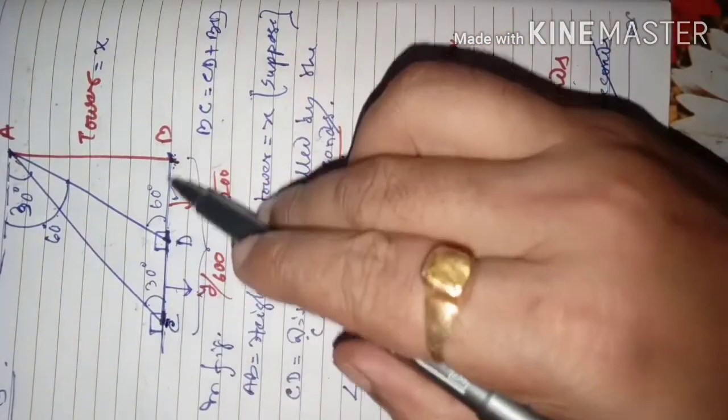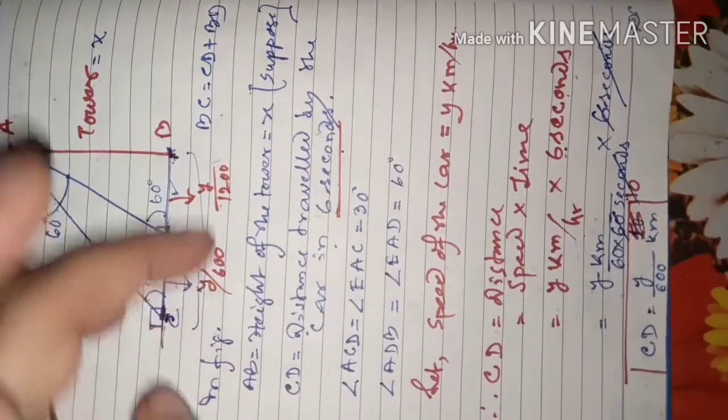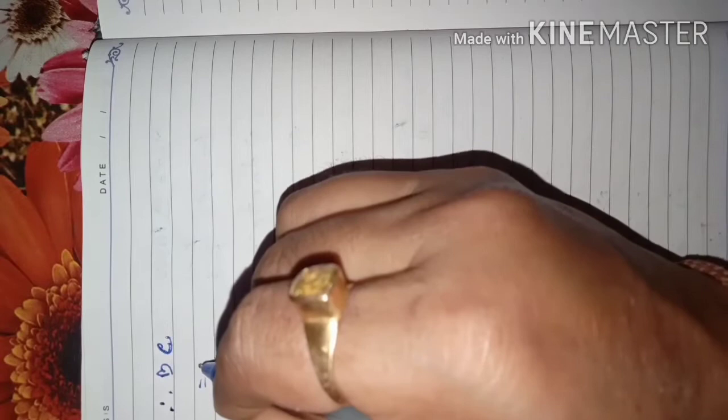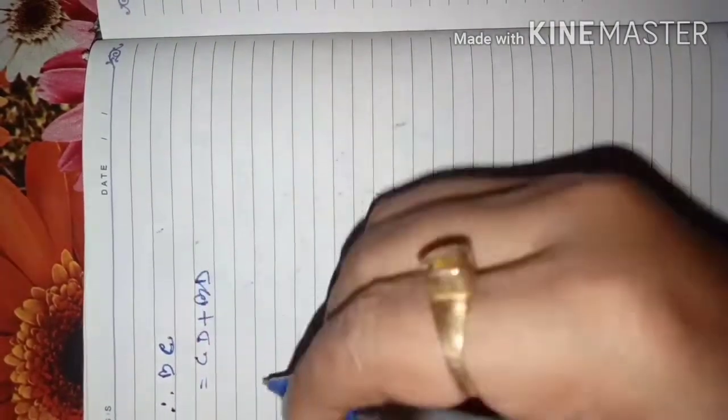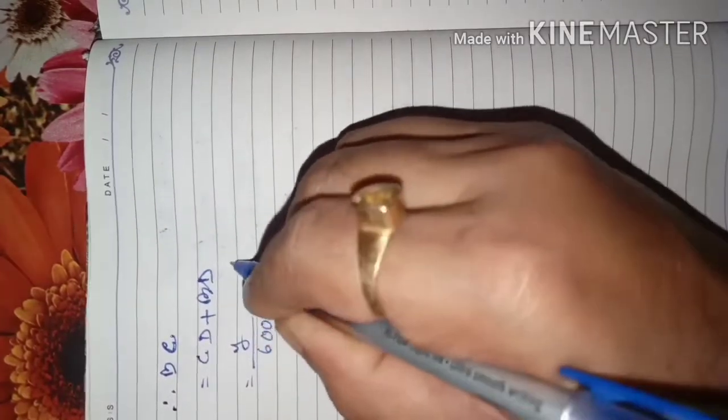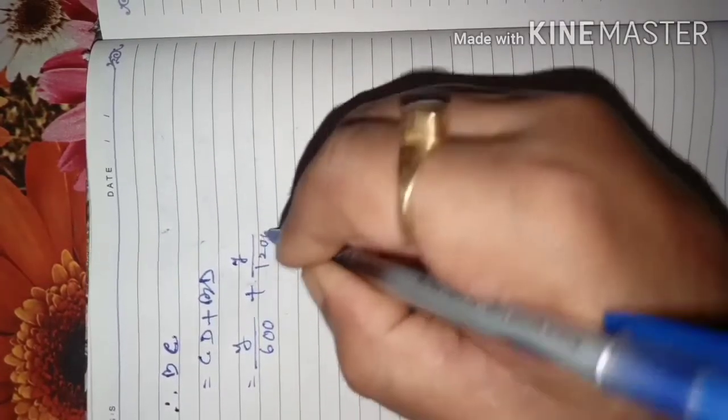So the total distance BC will be this plus this. Therefore BC is equal to CD plus BD. CD is y by 600 plus BD is y by 1200.